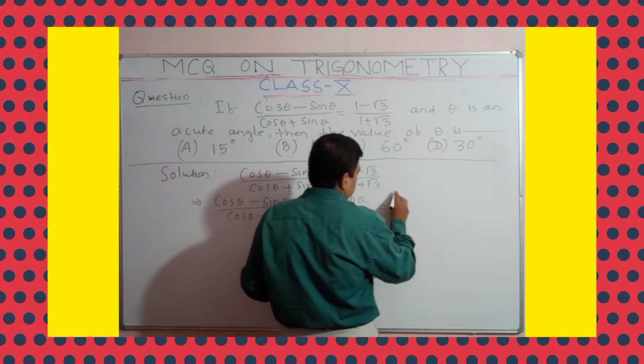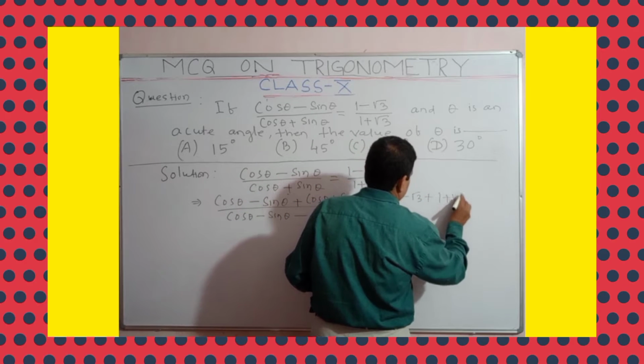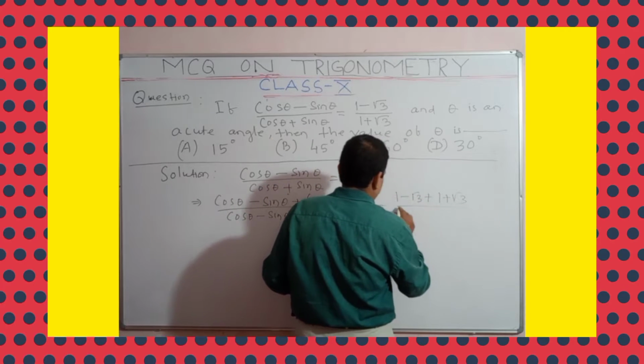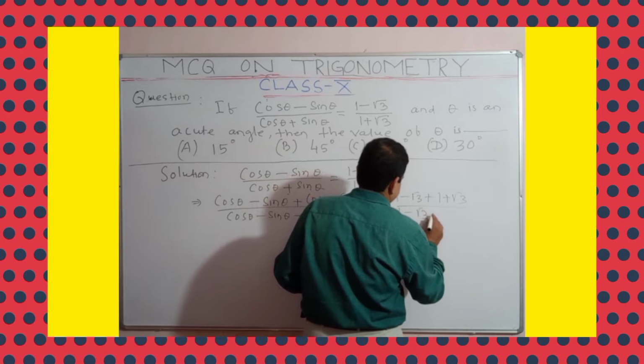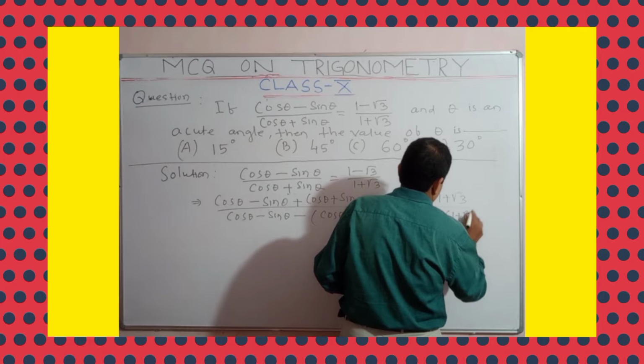Similarly, 1 minus root 3 plus 1 plus root 3 whole divided by 1 minus root 3 minus 1 plus root 3.